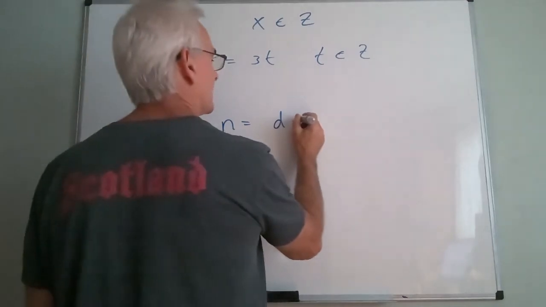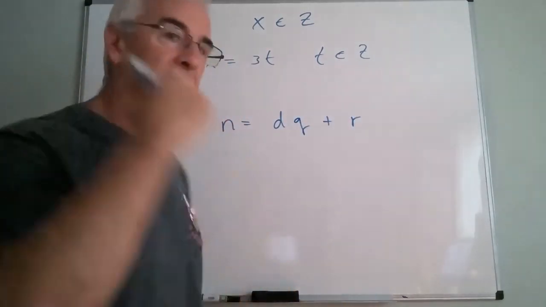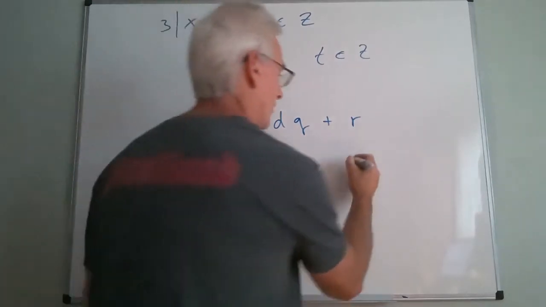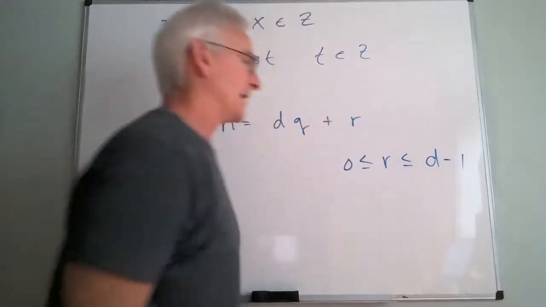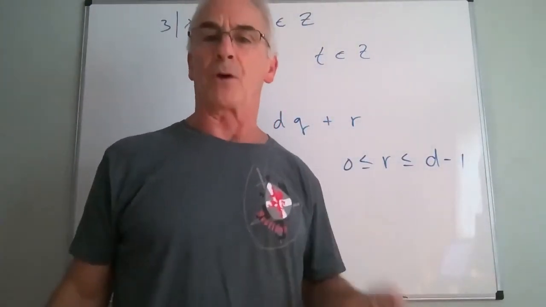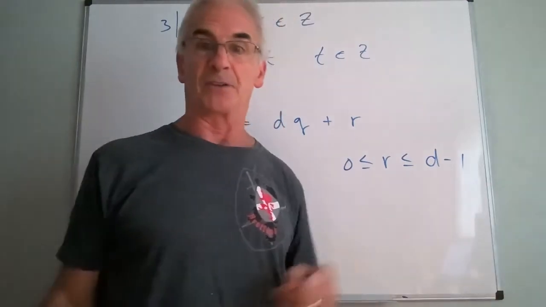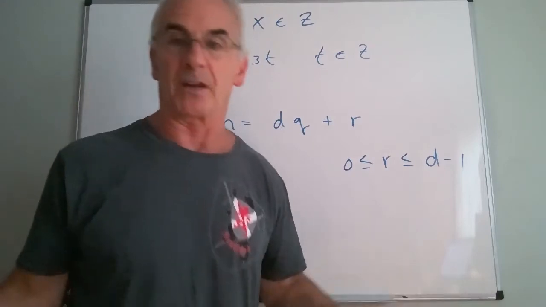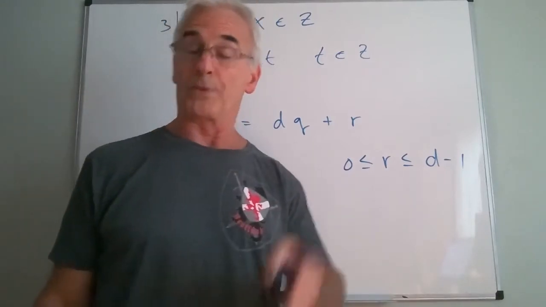So we said d q plus r, and r was limited to what? You could go up to, but not including the divisor. So if 3 is my divisor, that's why we call it d for divisor, and I said 7 divided by 3, we say the answer is 2 with the remainder of 1.